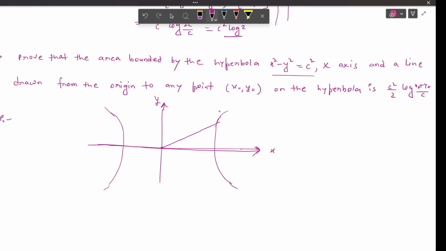So let's say this is the line. It says x naught y naught. This graph will look something like this.